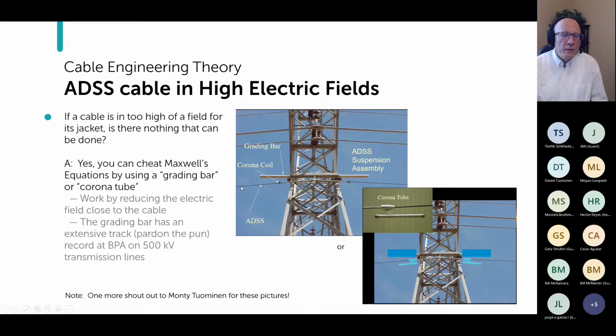It's still a tracking resistant cable though. But as I say, this becomes a way to extend your range of installing ADSS. And you'll also remember BPA was motivated to do this because they built those thousands of miles of transmission lines without a shield wire at the top. So they were highly motivated to find another solution.